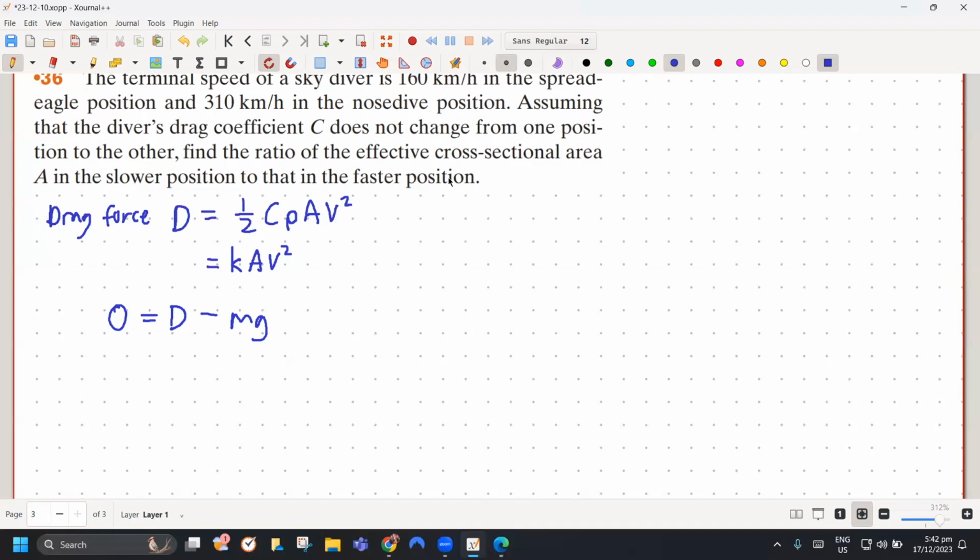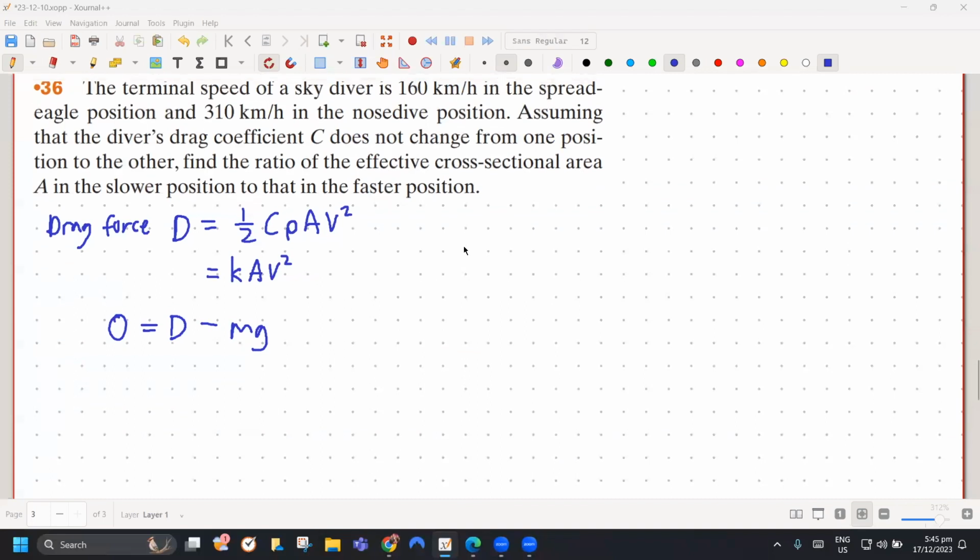And then KAV squared is equal to mg. So now substitute KAV squared. We don't actually need the formula for the terminal speed. We just need to isolate KAV squared in that expression.